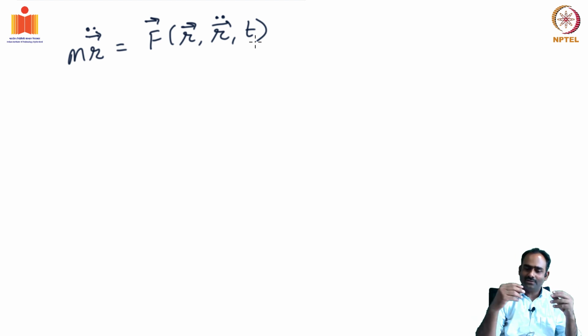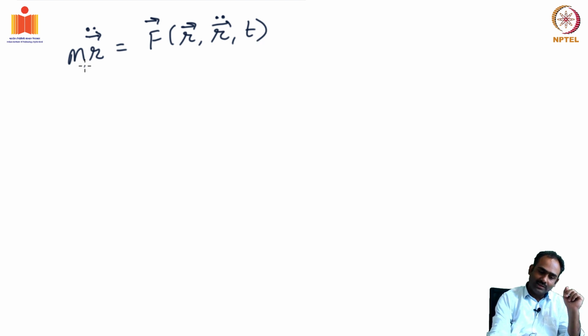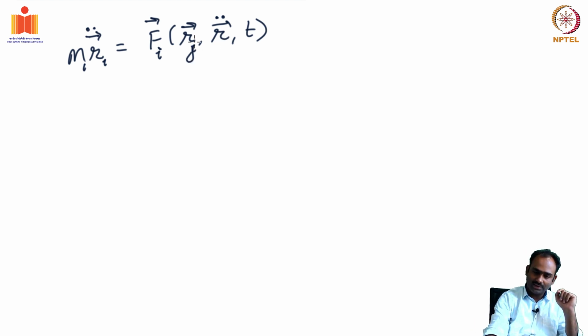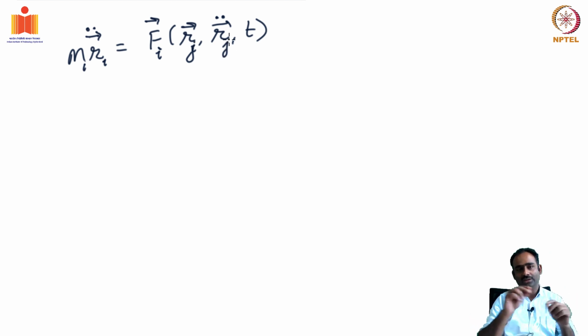Imagine you have n number of particles, lots of particles in your system, and each of them is, let me put an index i to emphasize particle number i, not necessarily i here, the force could depend on the coordinates of all the particles.